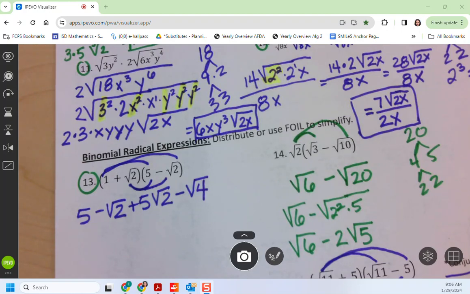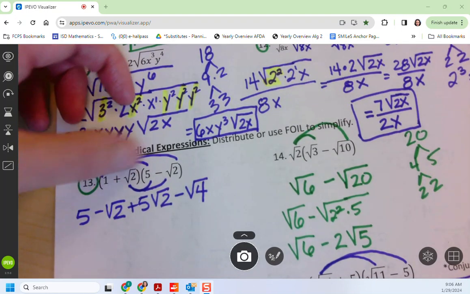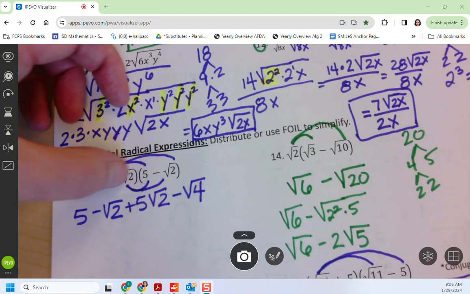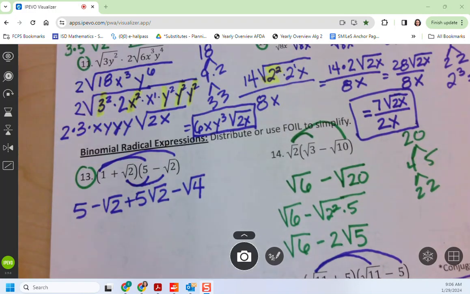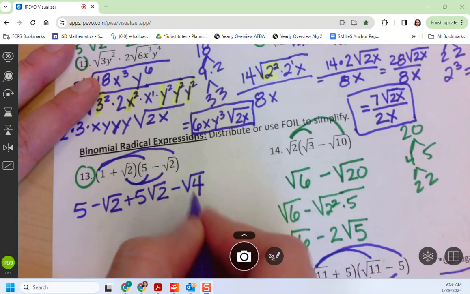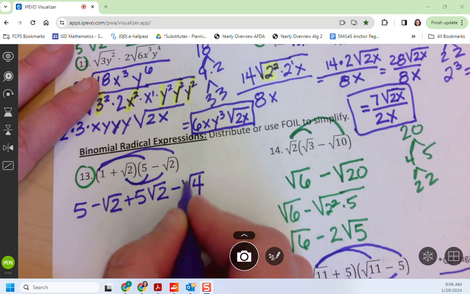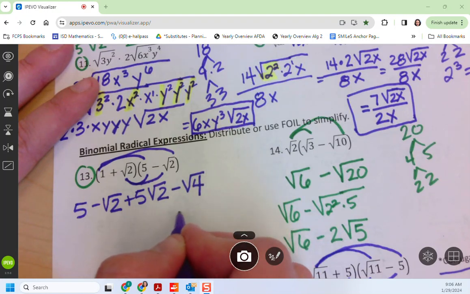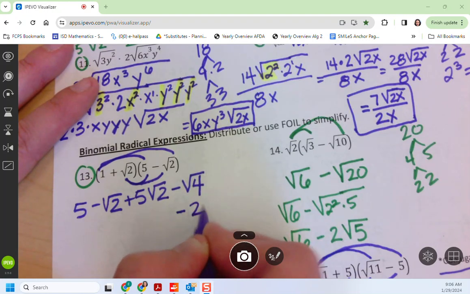All right, so just like we would distribute with any binomials we're multiplying, same deal. First distribute the 1, then distribute the root 2. All right, this negative root 4, I know the square root of 4 is 2, so that can become just minus 2.